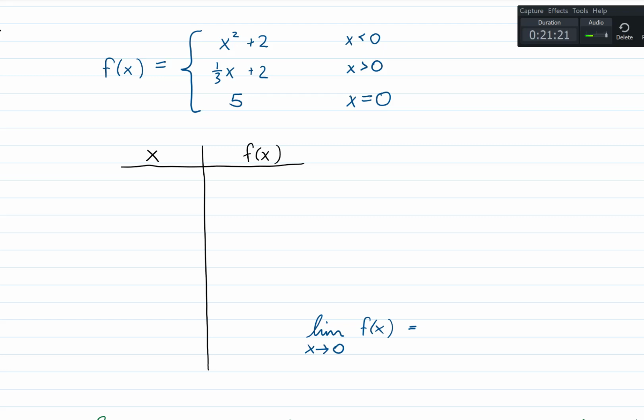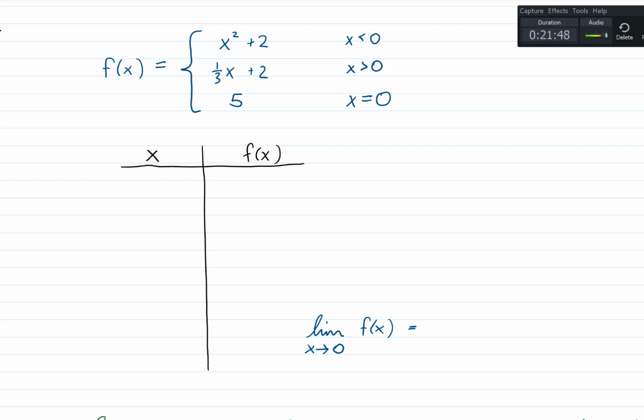I want to show you how I would figure this out. And by the way, this is how we approximate the limit. This is not going to be the very technical way of doing it. We are going to get an approximation that will lead us to conclude that the limit must be 2.